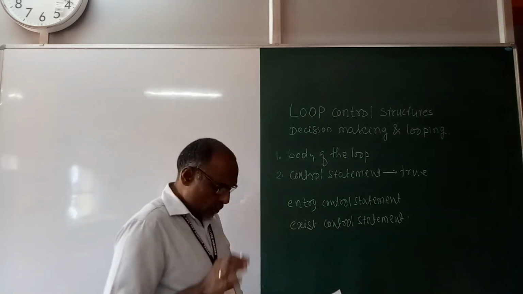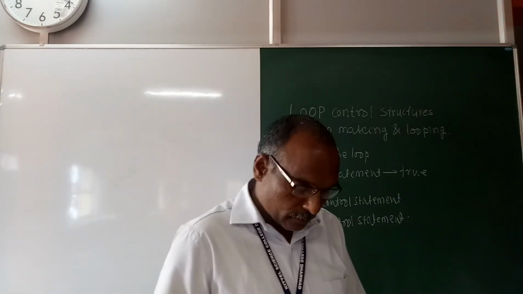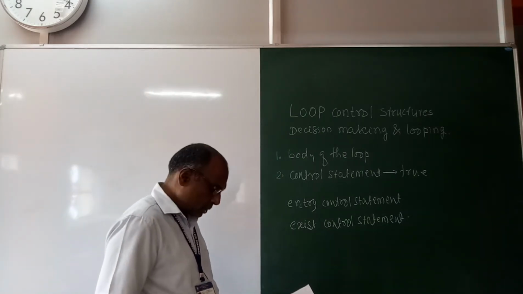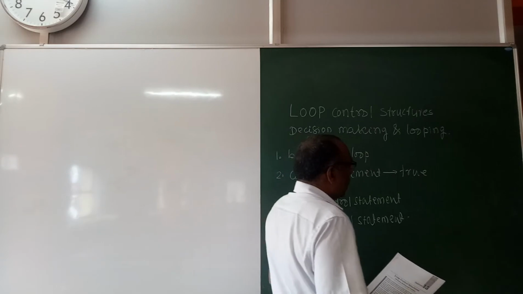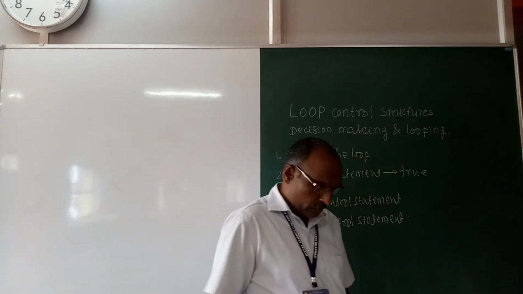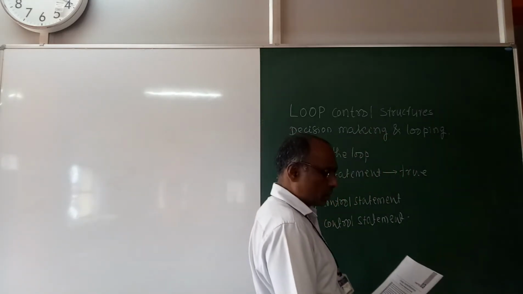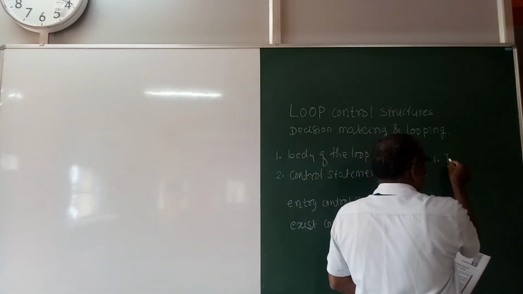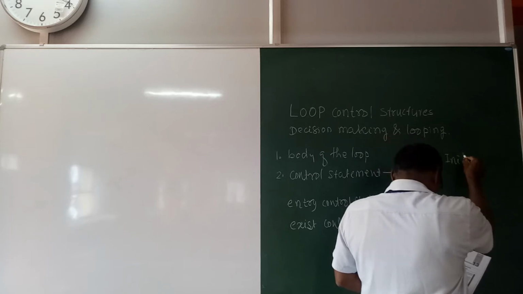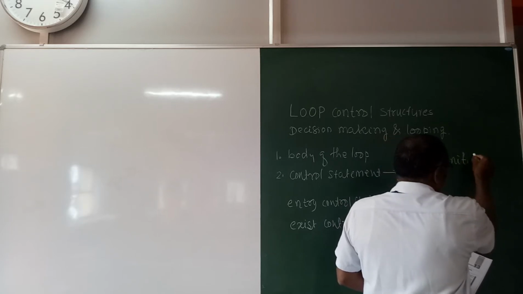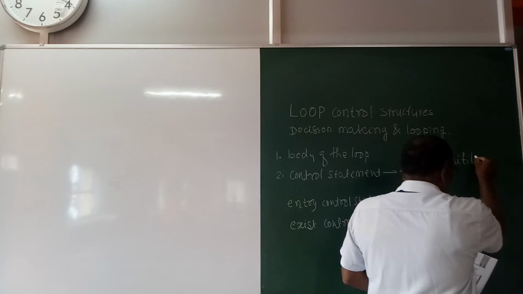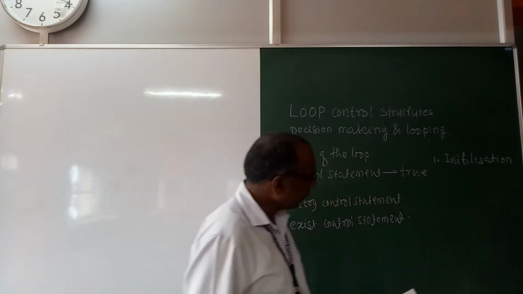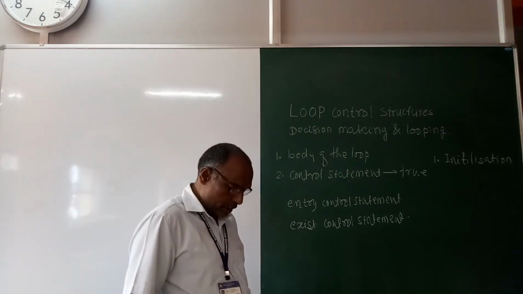Therefore, an efficient looping mechanism consists of three steps. The first step is initialization. What do you mean by initialization here?